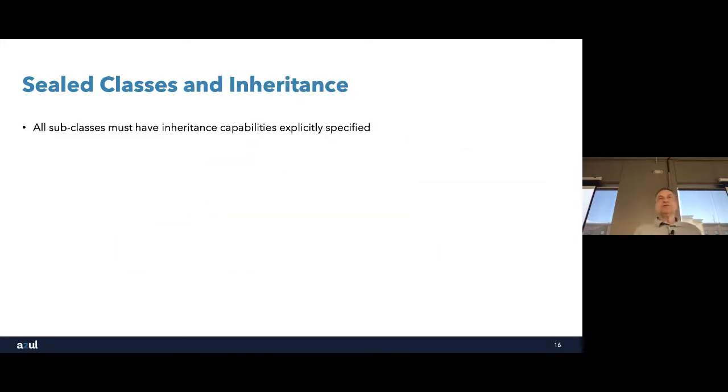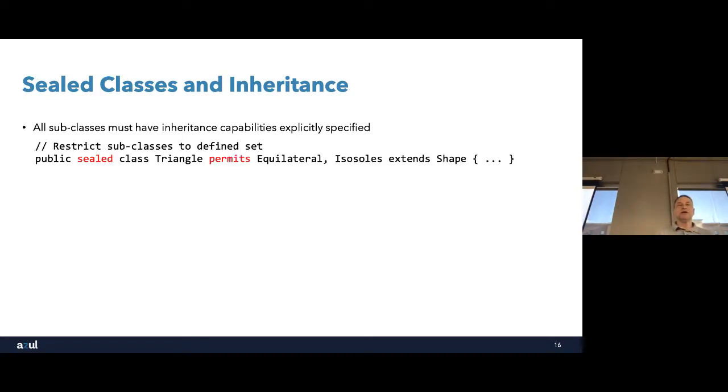The other thing about sealed classes is inheritance for the subclasses. All of the subclasses of a sealed class must explicitly state their inheritance capabilities. And there are three ways of doing that. The first is that we can continue to make that a sealed class, and we can provide another permits clause with further subclasses of that.